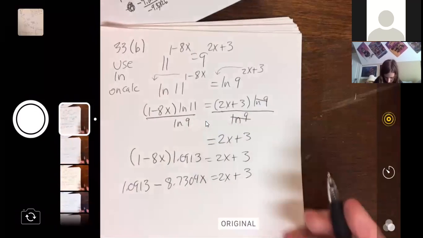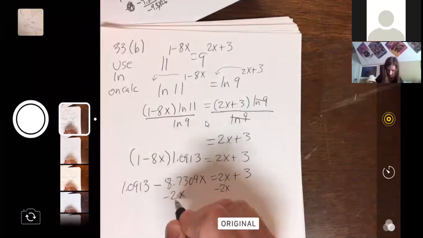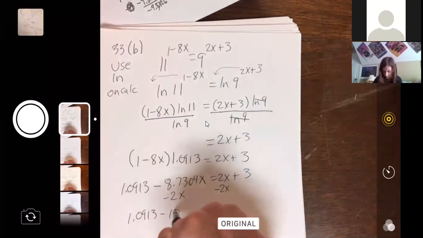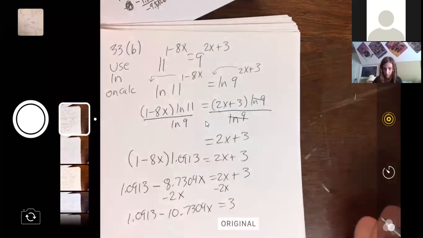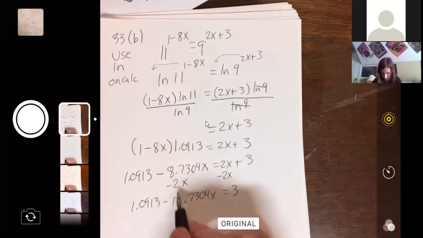Now, can you do it all at once? You're going to go minus 2x, minus 2x. That's 1.0913, subtract 10.7304x equals 3. Your 8 minus 2, since they're both negative, they're going to add.